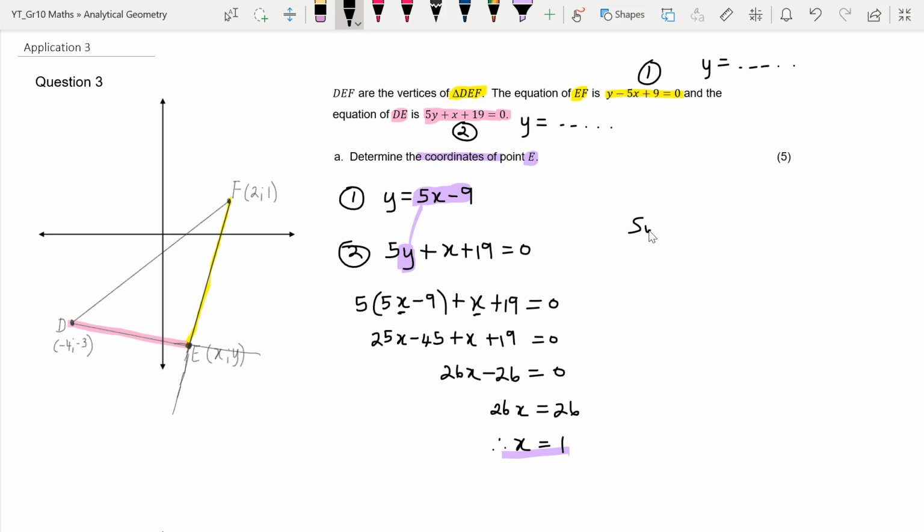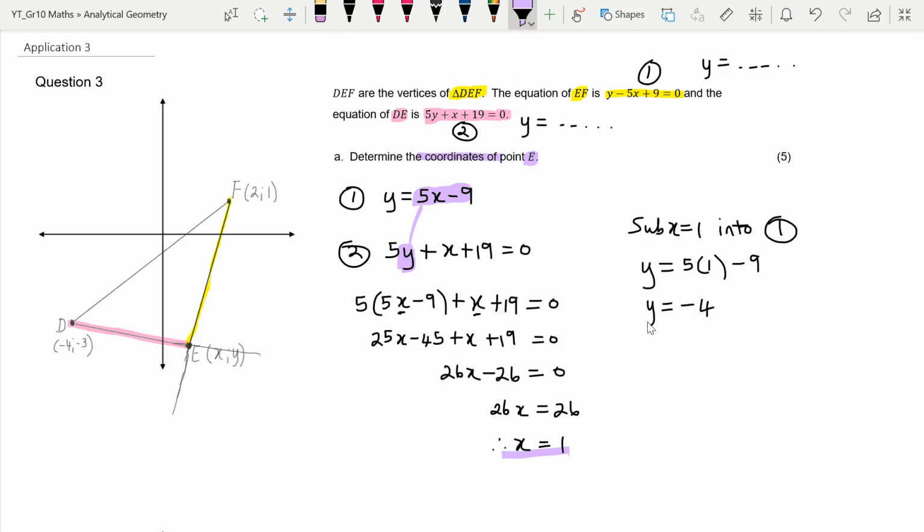So we are going to substitute x equal to 1 into which equation? I'm thinking equation 1. Let's substitute it into the first equation. So into the first equation, in the place of x, I'm going to plug in a 1. And when we do that, that would be 5, take away 9, that would be negative 4.